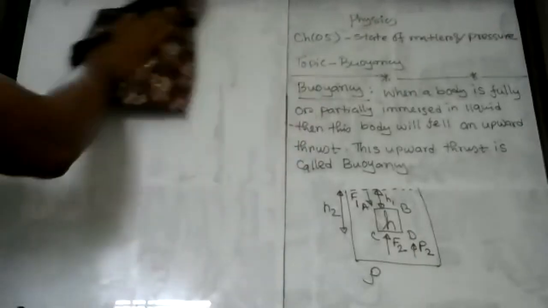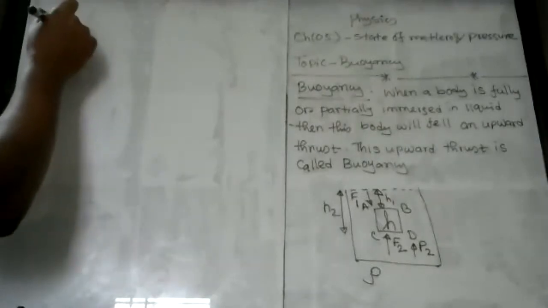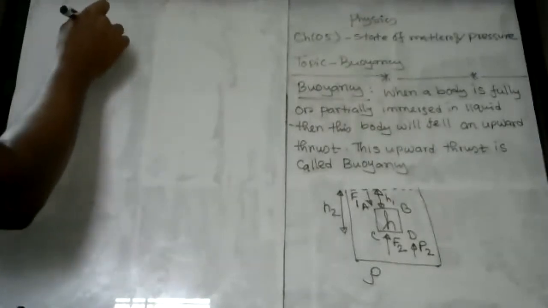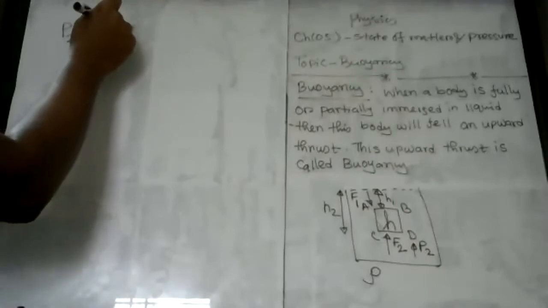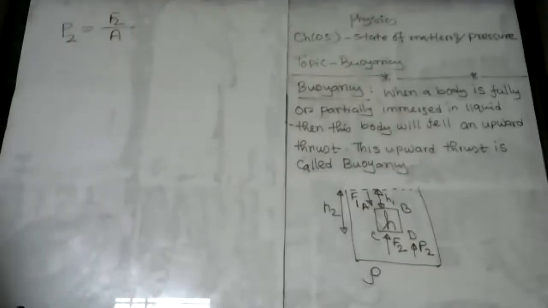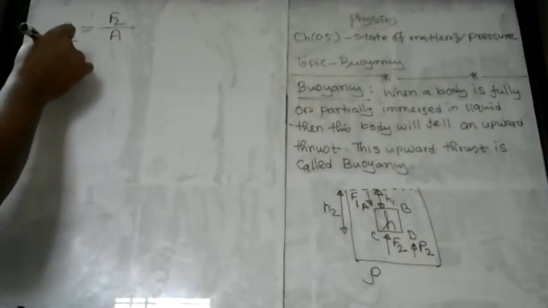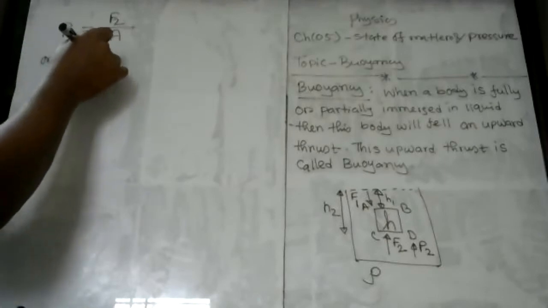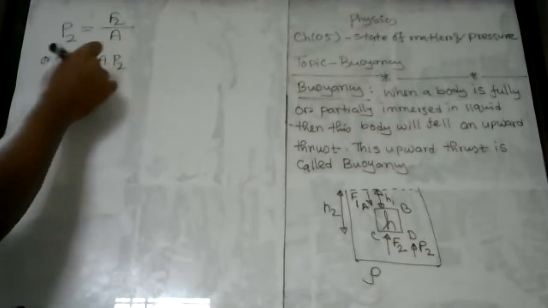Upward pressure P2 will equal F2 divided by A. So F2 equals A into P2.